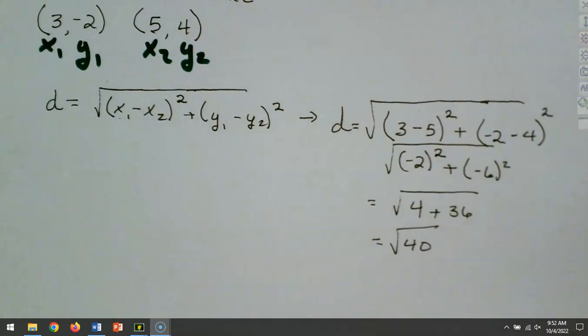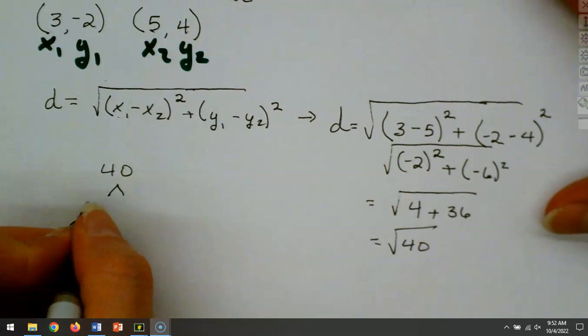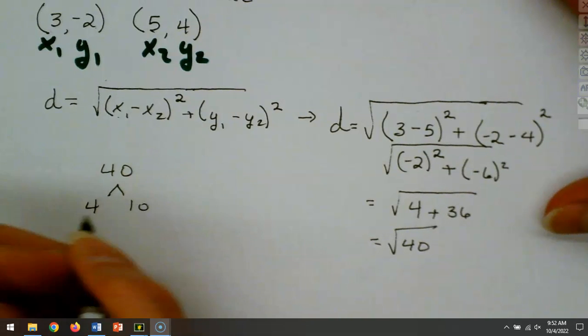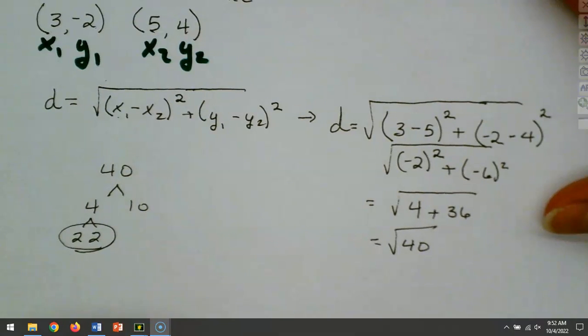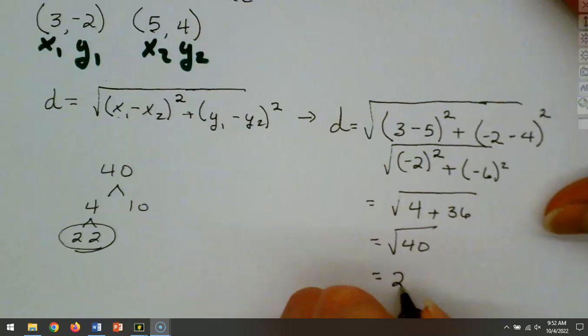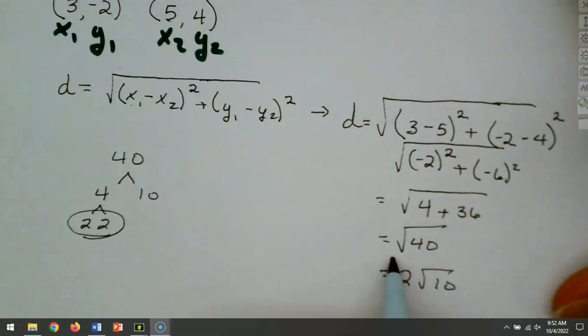Just like when we use the quadratic formula, we may have to break it down. And I think 40 is going to break down, right? Because 40 has a 4 in it, so let's use a 4 and a 10, 2 and 2. So what's going to come out? Is it 2? What's left over? Square root of 10. So that is your distance.